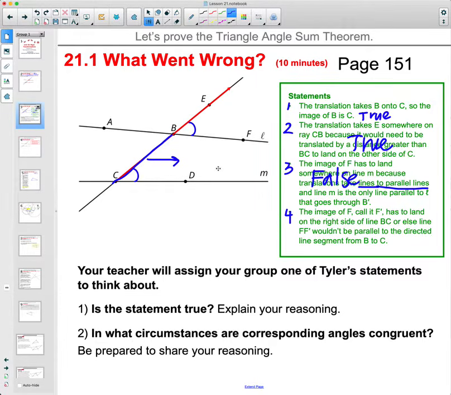So F has to be somewhere over here so that when it gets translated, this directed line is parallel to this directed line, the movement. If F prime went over on this side, this line would not be parallel to that directed line segment. So that would be a true statement.